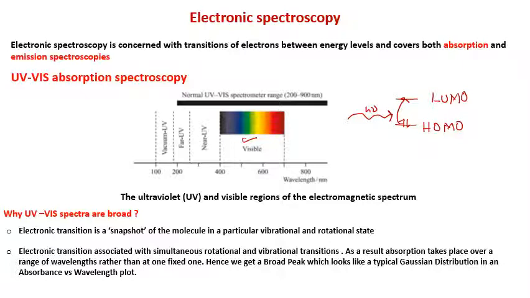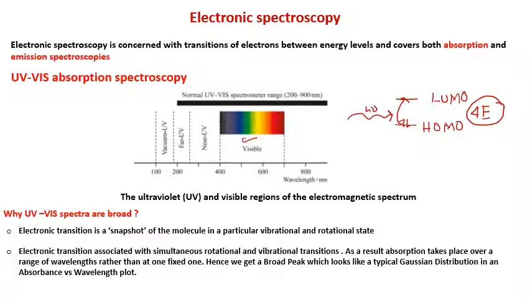Now there is one important point to ask. The energies of molecular orbitals are quantized, and so an electronic transition is associated with a specific amount of energy change, that is delta E. So this HOMO-LUMO gap is given by delta E. For a molecule, this delta E is fixed, because only a fixed amount of energy is possible for a molecular orbital.